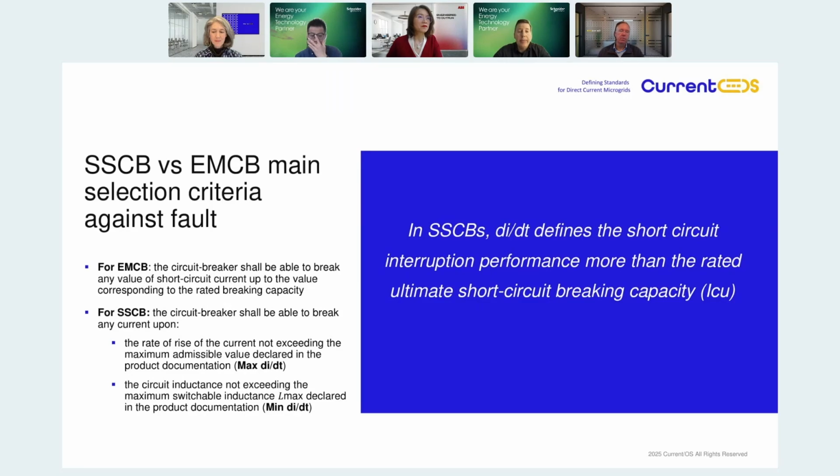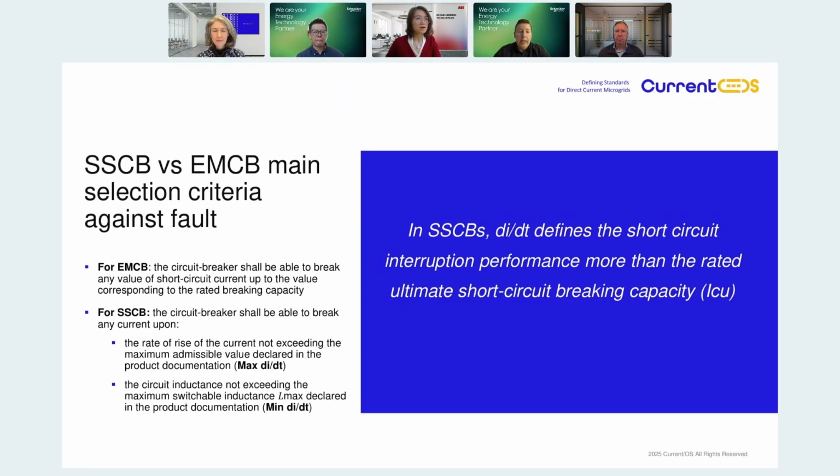In particular, the derivative must not exceed the maximum admissible value declared by the manufacturer. So during the limitation time of the solid-state circuit breaker, the current must not exceed the maximum value that the semiconductor inside the solid-state circuit breaker is able to interrupt.